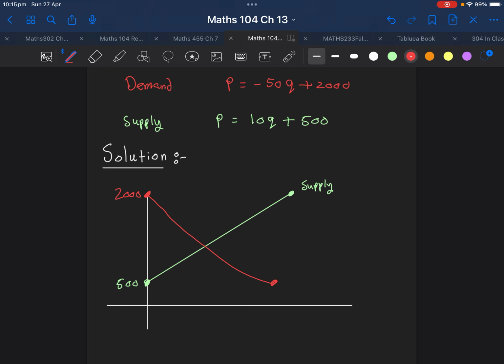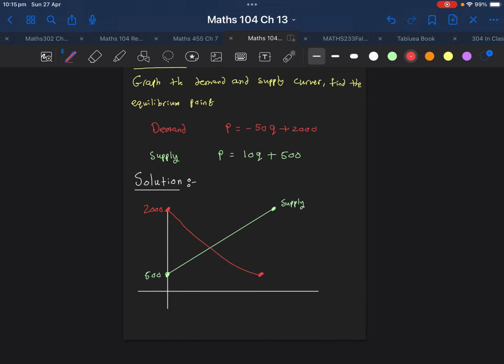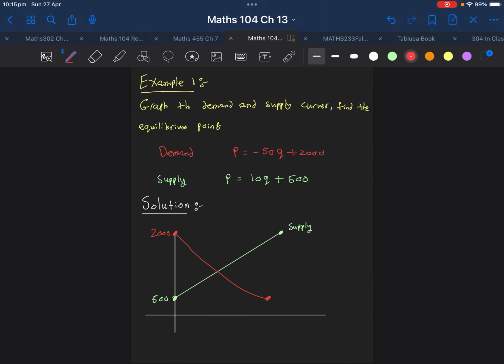Something like this. This is what we should expect to get. Of course, we have to get a better one than this one.